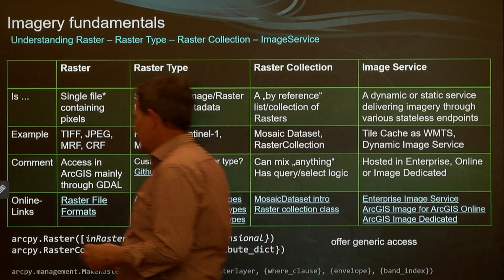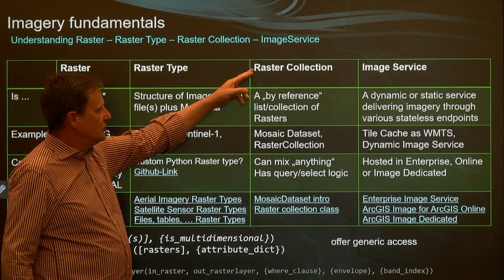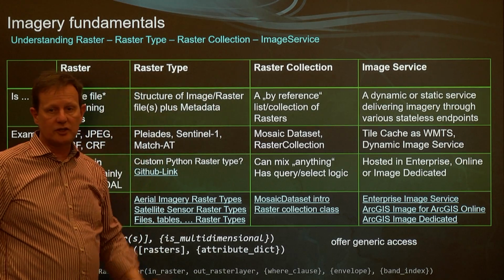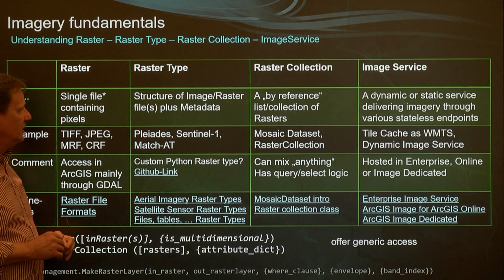Now, I said there's lots that you can address with the raster object, and there are actually very different things. First of all, we've talked about these two already. The single raster, the file, something like this. Then the raster type that we talked about, a Sentinel scene as a raster type. Make it a raster object. Just say I want band 12, you get band 12. Then something that we only introduced 2 years back, the so-called raster collection. I'll show you an example in a Python notebook in a minute.